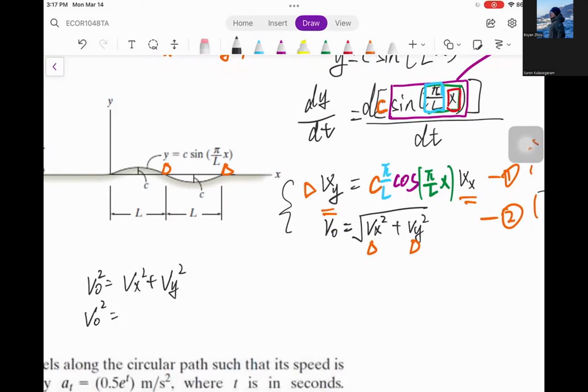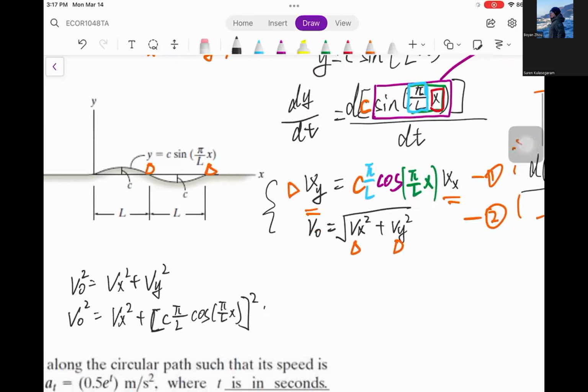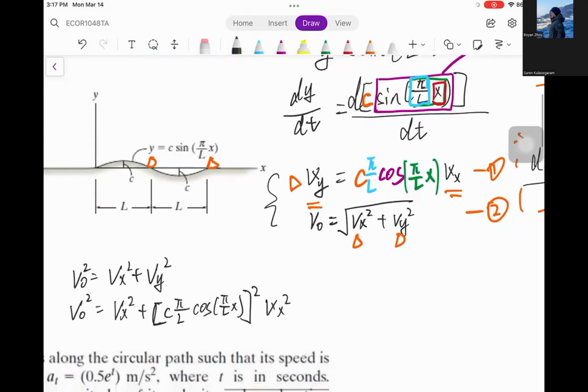So v naught squared is equal to vx squared plus everything colorful to the power of 2. So I'm going to put them into a bracket: c pi over L, sine pi over L x, times vx squared.